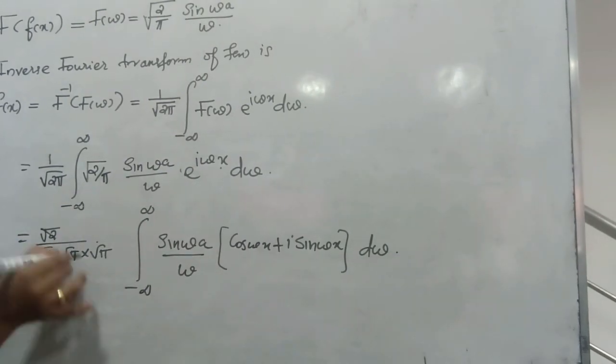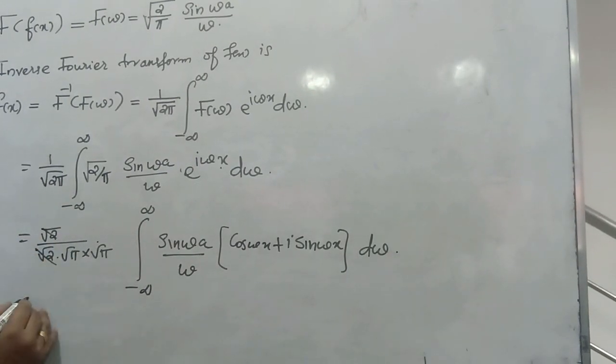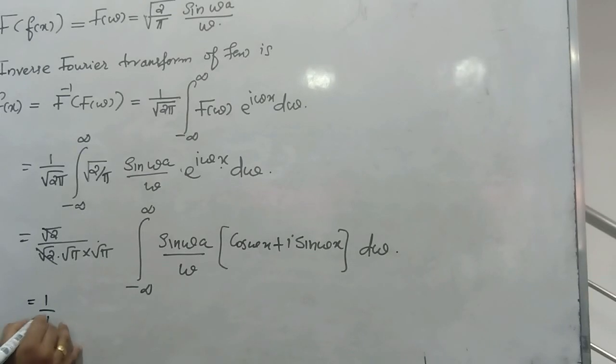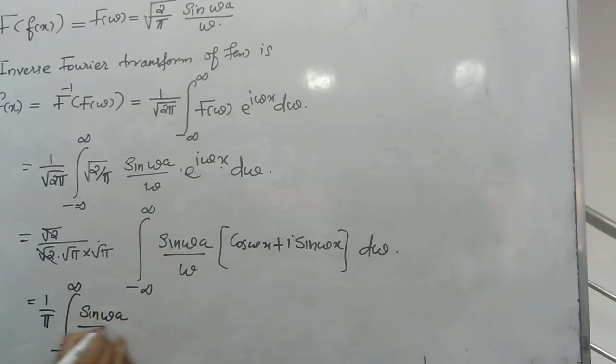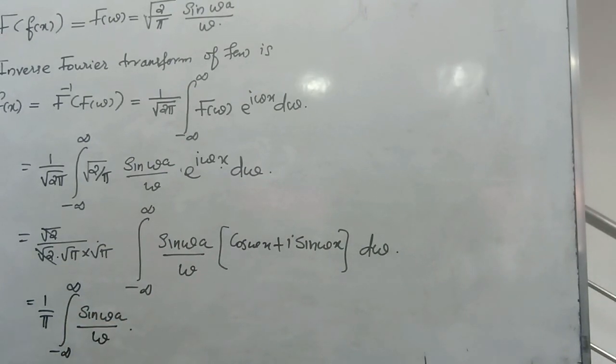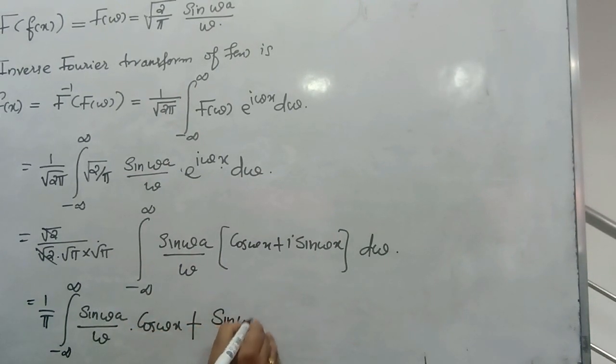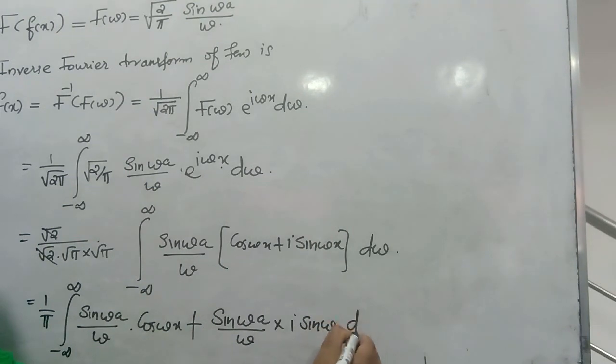Now root 2 cancels, root pi into root pi is pi, so 1 by pi integral from minus infinity to plus infinity sin omega a by omega into first term cos omega x, then plus sin omega a by omega into i sin omega x d omega.